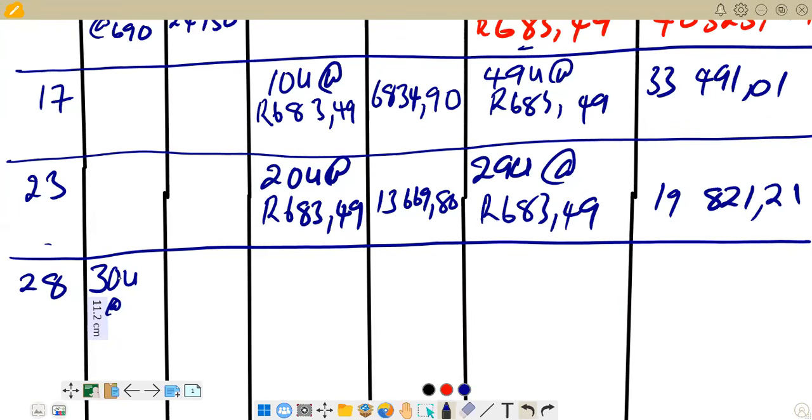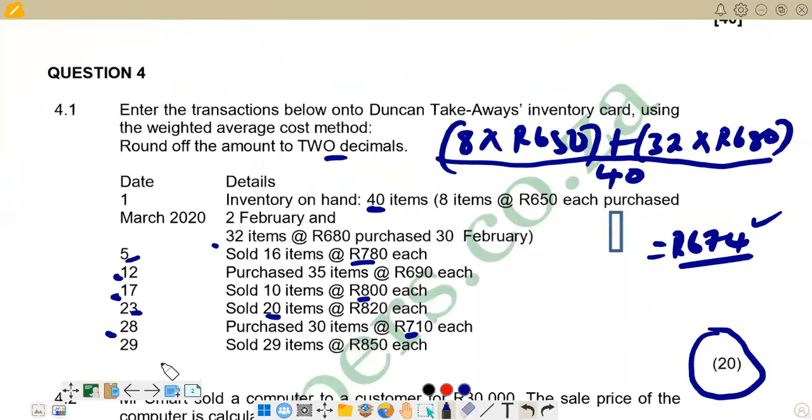So here it's 30 units. We check the value per unit according to the information that we are given. It's 30 items at 710. So we have 710, and we can use it in the calculation of the weighted average.